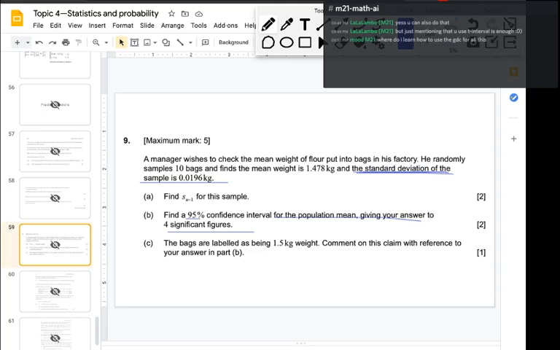Where do you learn how to use GDC for all of this? I can't really teach you that because each GDC has its own way of working. Personally, I use a Casio GDC, so I can teach you for Casios, but for other models you would need to Google it. Just Google confidence interval and your GDC name.